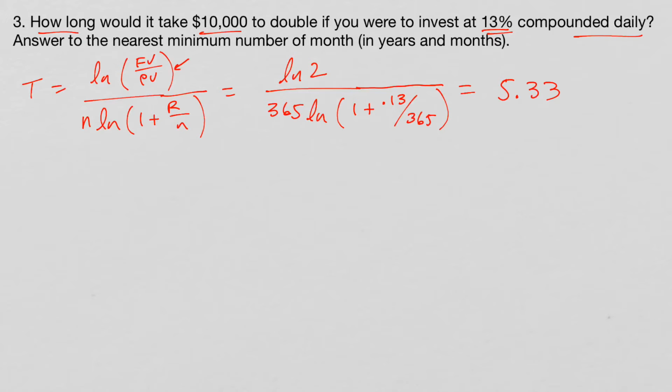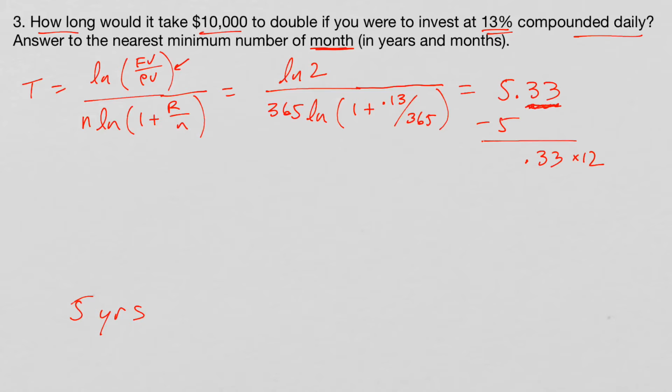And we want the nearest minimum number of months. So I need to figure out how many months this 0.33 years is. So I'm going to take out my 5, and again, I know it's 5 years, okay? This is 0.33 with a bunch of numbers after it, and I'm going to multiply by 12 to convert this to months.